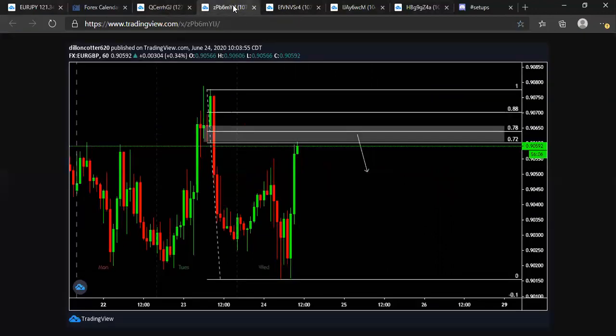Here we can look at some recent examples that I have actually taken using this price retracement tool. What we see is Euro GBP on the hourly time frame, and we had this spike up and then this aggressive move to the downside.